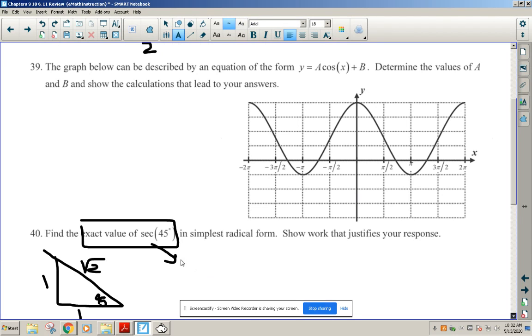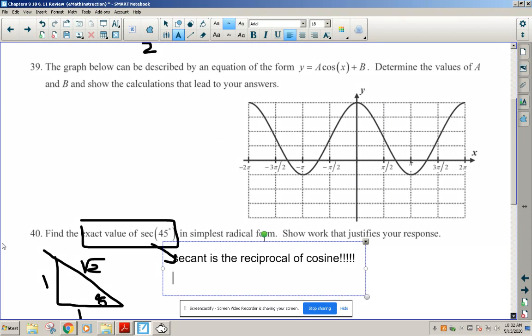Remember, secant is the reciprocal of cosine.